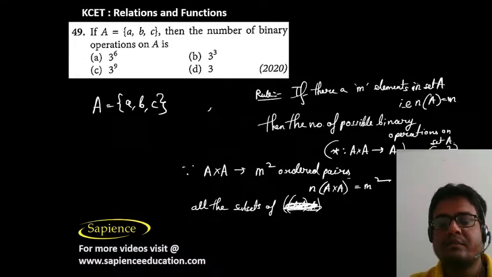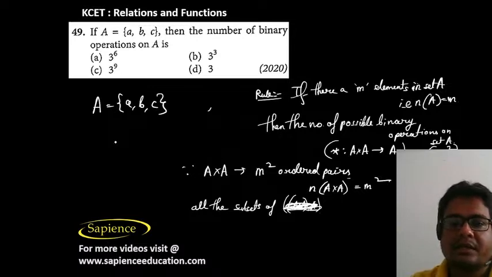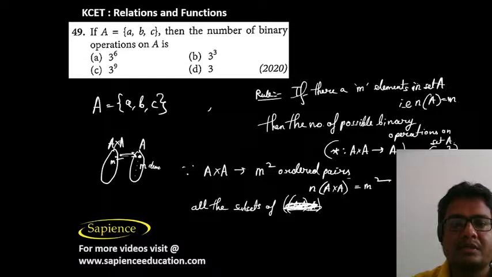Each of the elements in A cross A, a set of m square ordered pairs, should map with the elements in the set A, which has m elements. So each element can have m options.